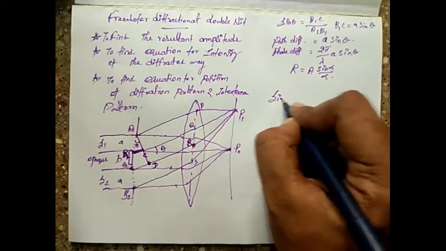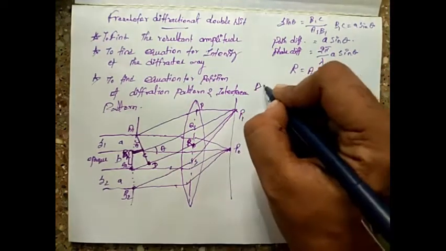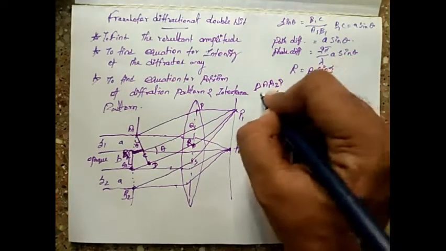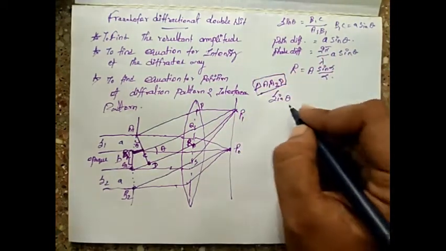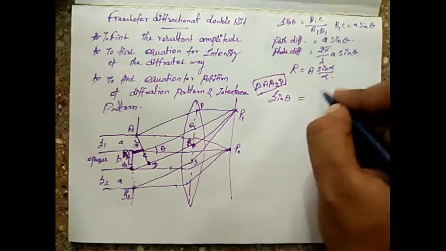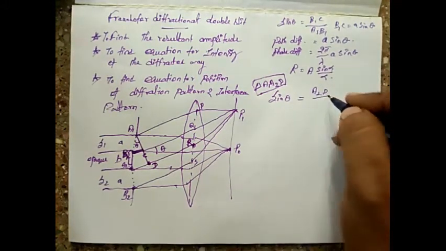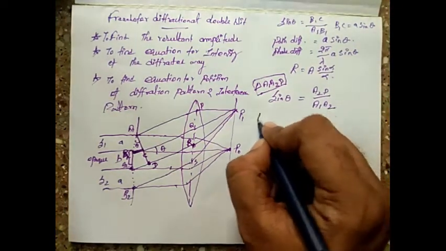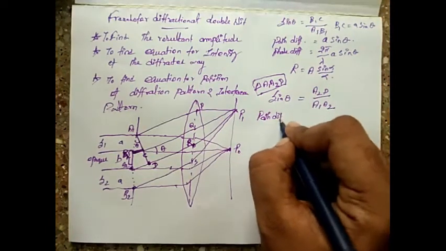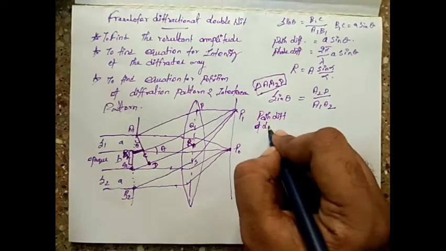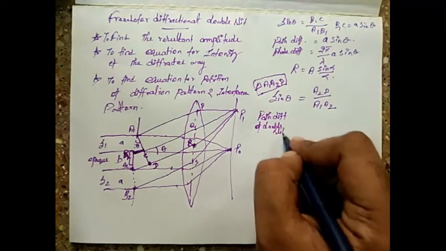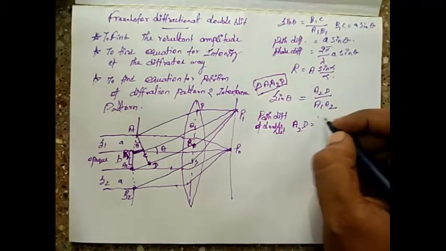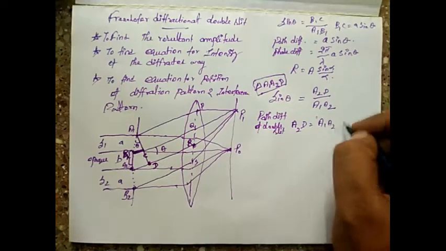Considering the triangle A1, A2, D, sin theta is A2D divided by A1A2. So the path difference of the double slit is A2D, which is A1A2 sin theta.